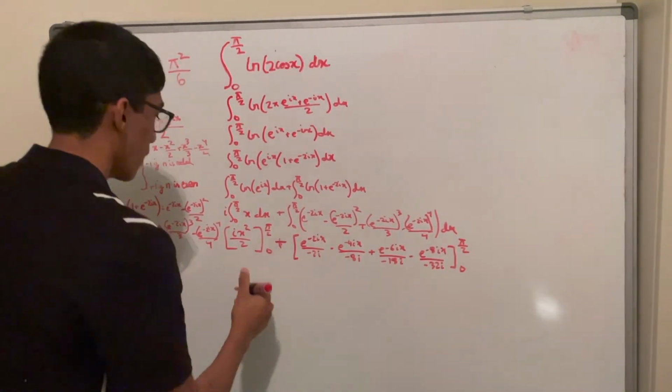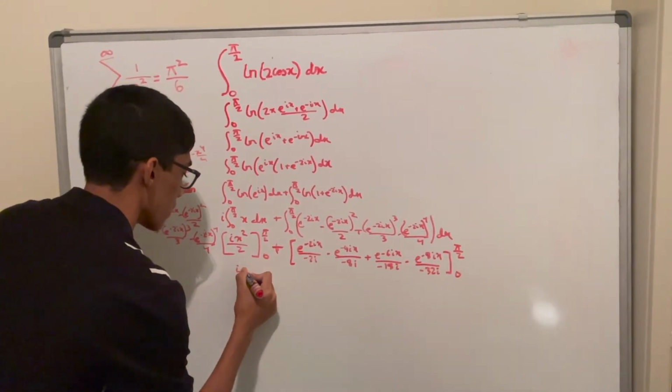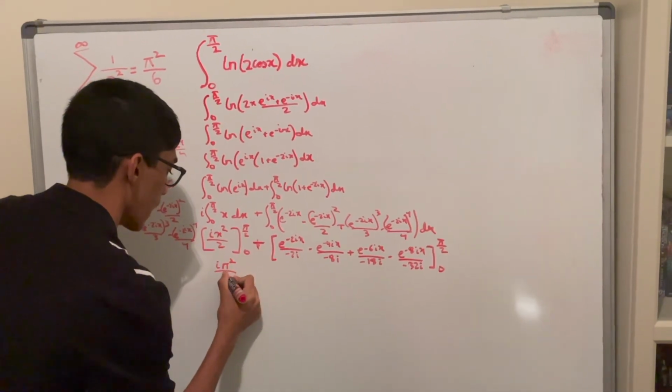So here, the value will just be i pi squared over 8.